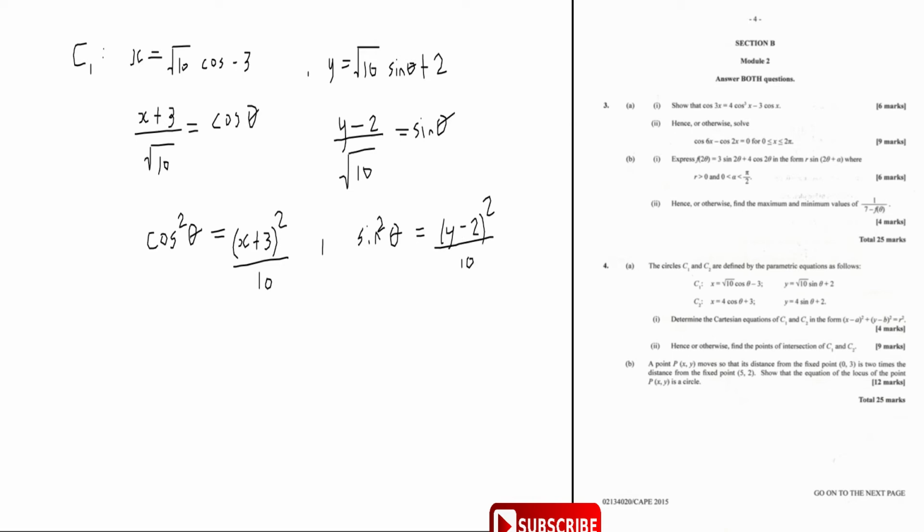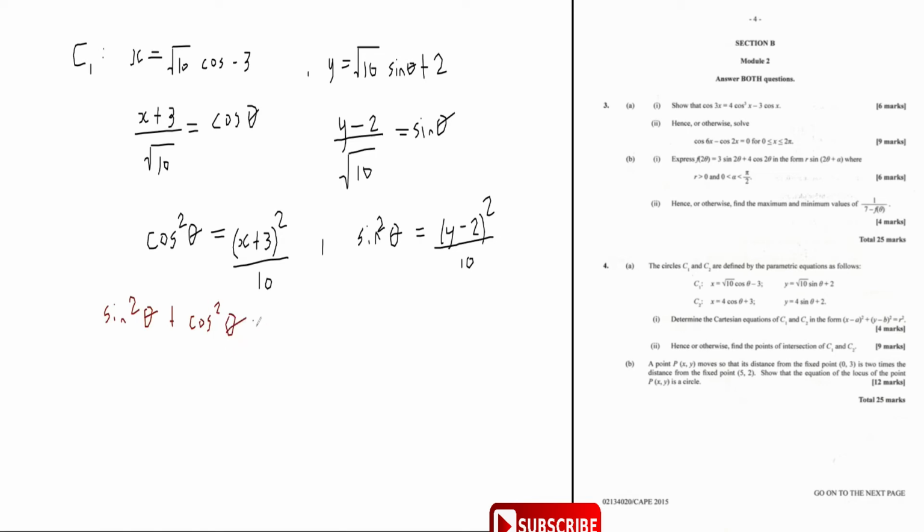Alright, but then what do we know? We know from ADMATH days this identity: sine square theta plus cos square theta is equal to 1.